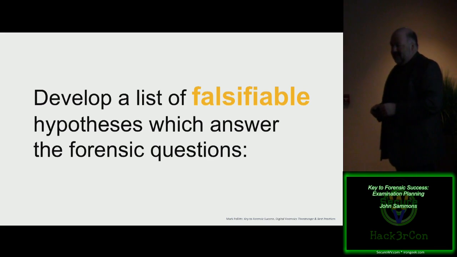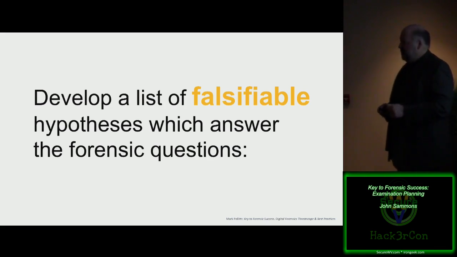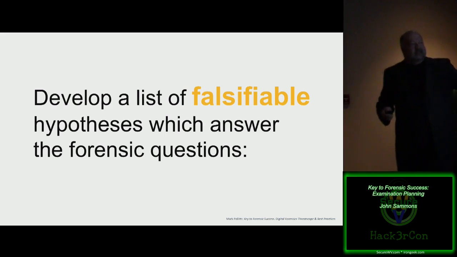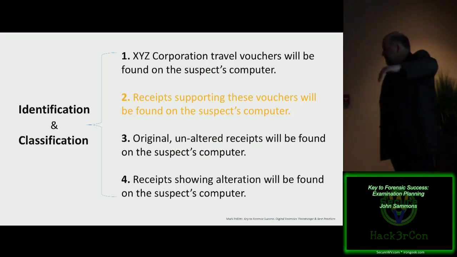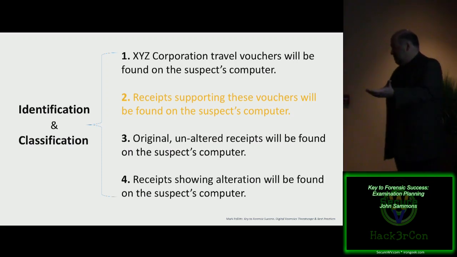So what I mean by falsifiable, all right? We come up with these hypotheses, and then we can either prove them to be true or false. So, for example, for identification and classification, my hypothesis would say XYZ Corporation travel vouchers will be found on a suspect computer. That's either true or not true. There's a binary answer to that, right? It's either there or it's not there.